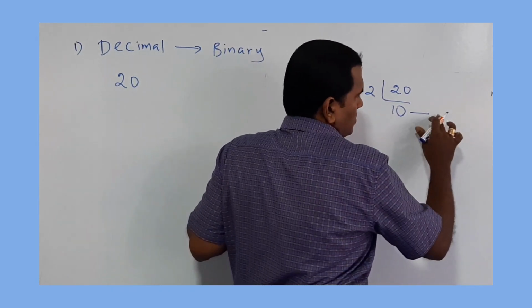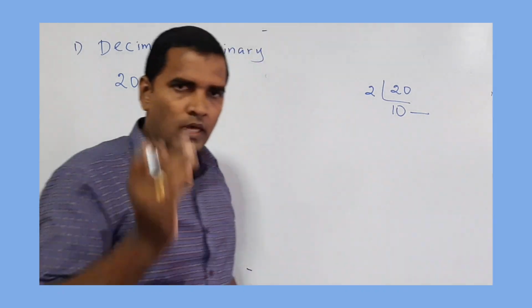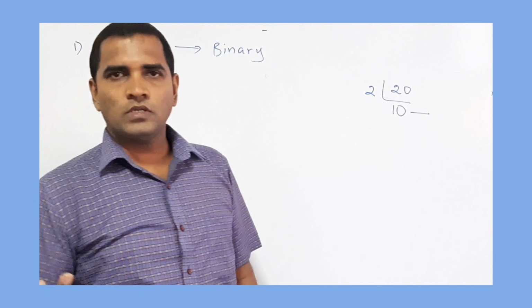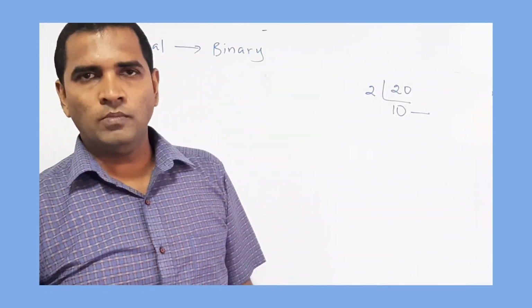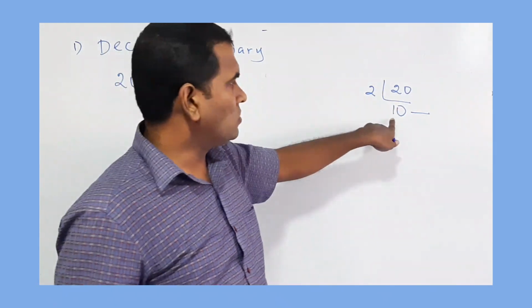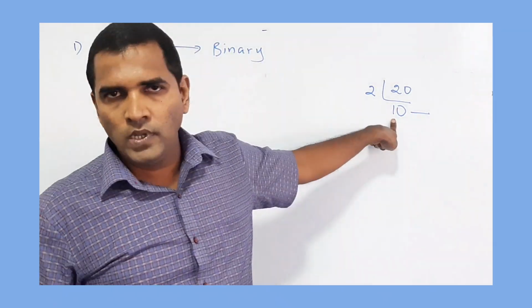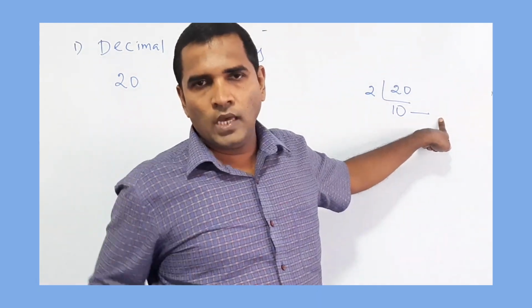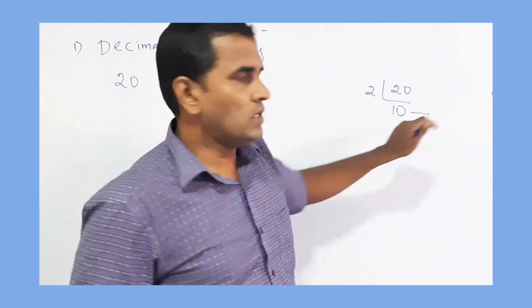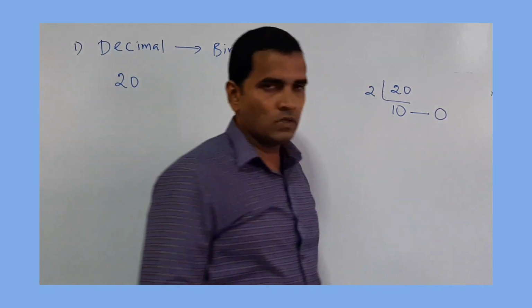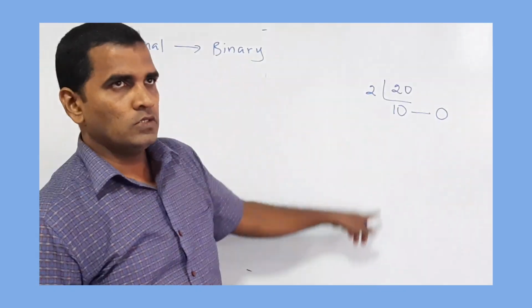When you divide a number by another, sometimes there may be a remainder, sometimes there may not. Look here, 20 divided by 2 is 10. We don't have any remainder, but put the remainder, because we have to write the remainders as the answer. So put that as 0.